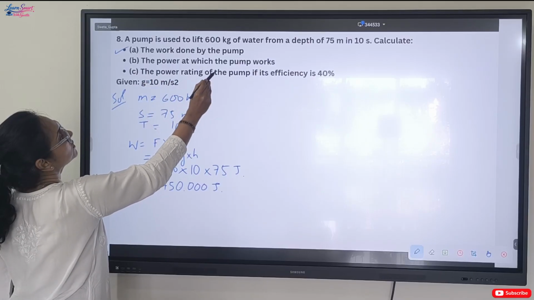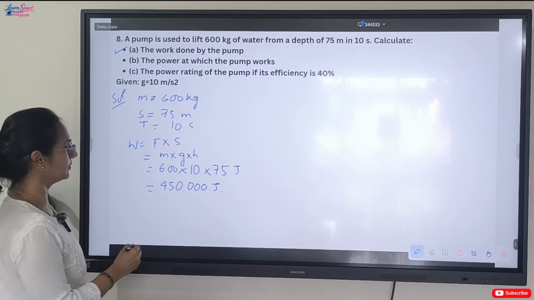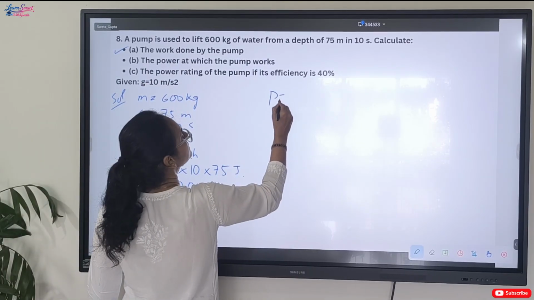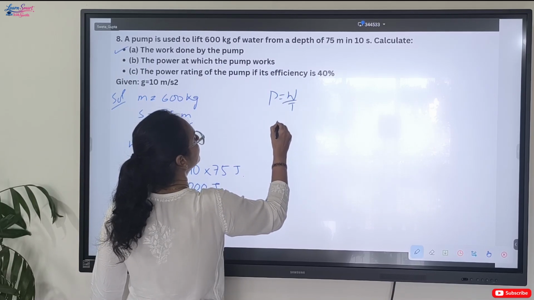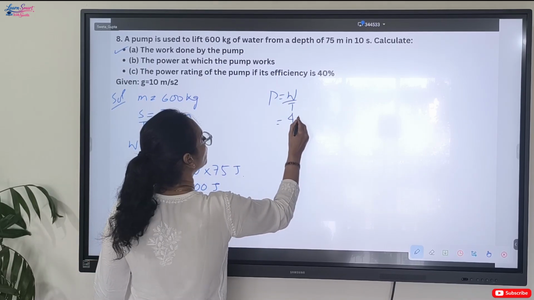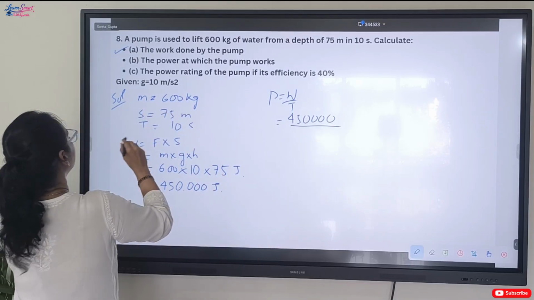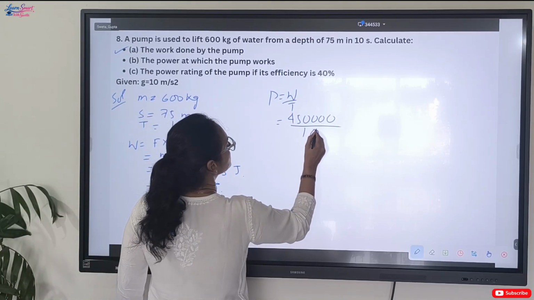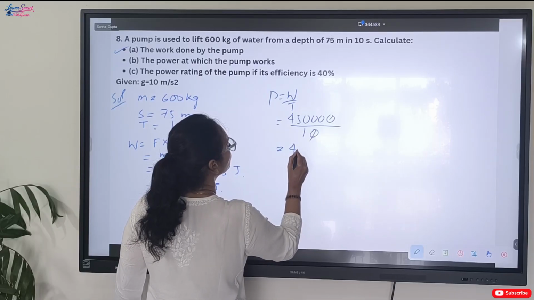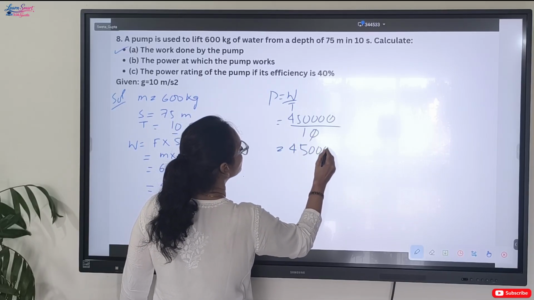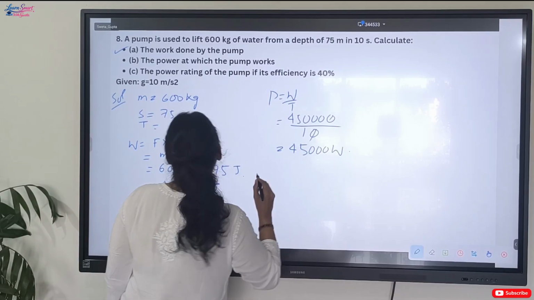Now the power at which the pump works, we have to calculate the power. So we know that power is equal to work done upon time taken. It is 450,000 upon time, and time is 10 seconds. So we will get power as 45,000 watt.